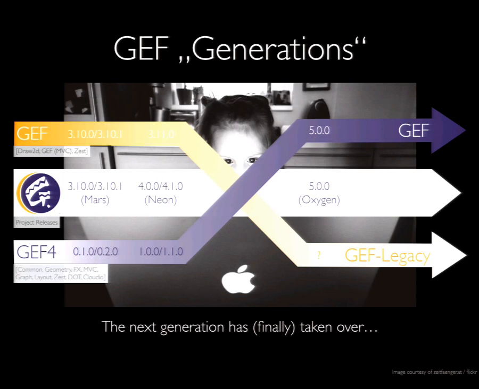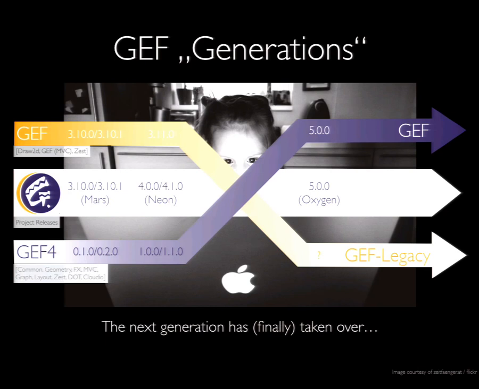We are now transferring the code base, so we used a GEF4 prefix in all our bundles up to the Neon release, and we are actually replacing that, and we are using the GEF name, the original project name, to refer to this new code base beginning with the Oxygen release. So GEF4 1.0 components will be transformed into GEF 5.0 components.